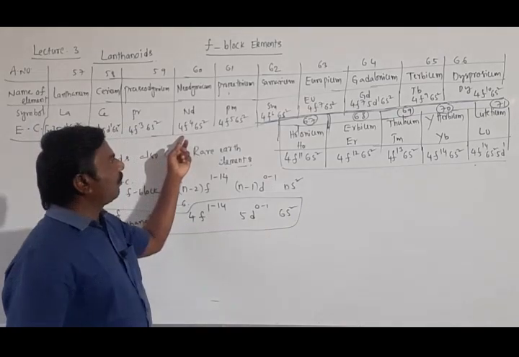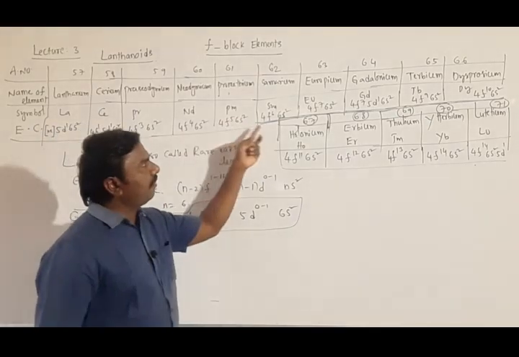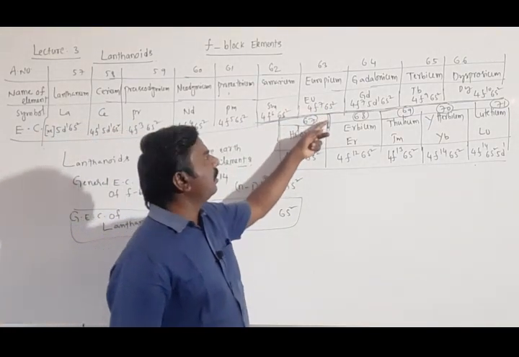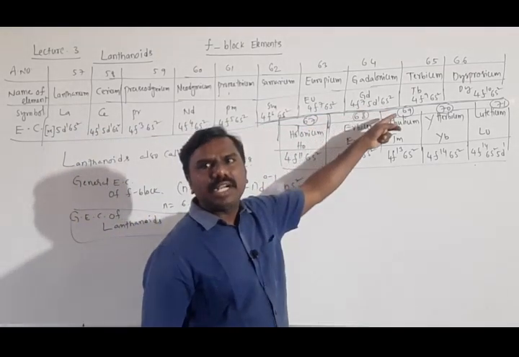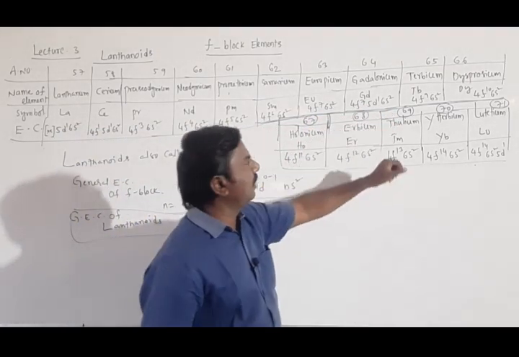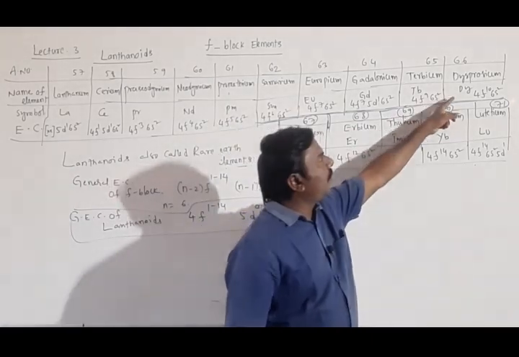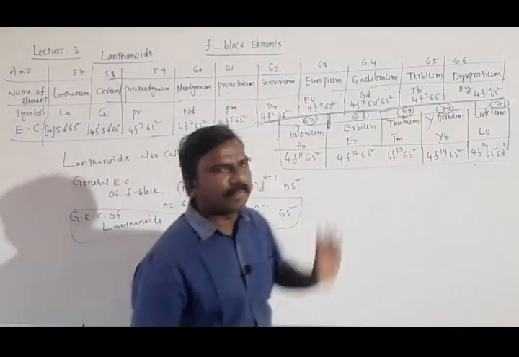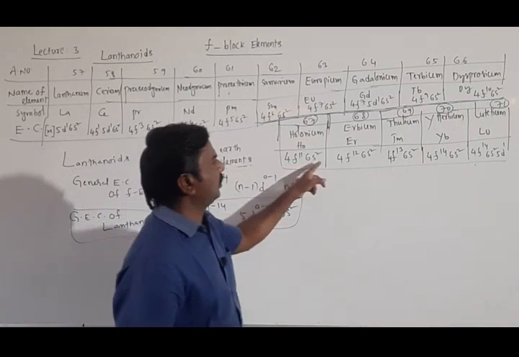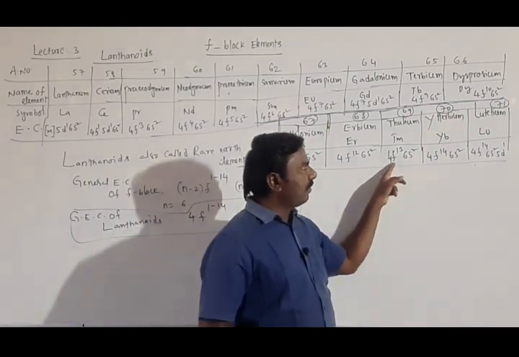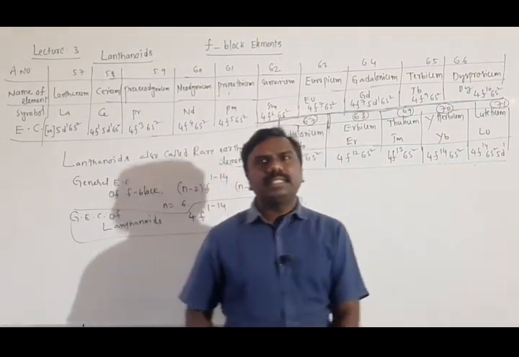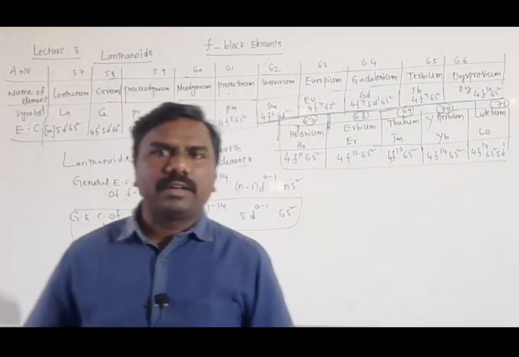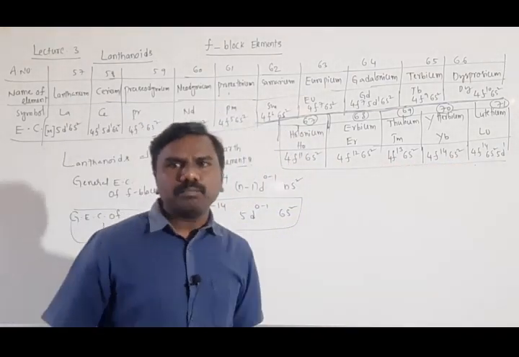Next 4f4, 4f5, 4f6, 4f7; 4f7 also, because to get stability again 5d1 enters. Then 4f9, 4f10, with 6s2 common. Next 4f11 6s2, 4f12 6s2, 4f13 6s2, 4f14 6s2, 4f14 5d1 6s2.